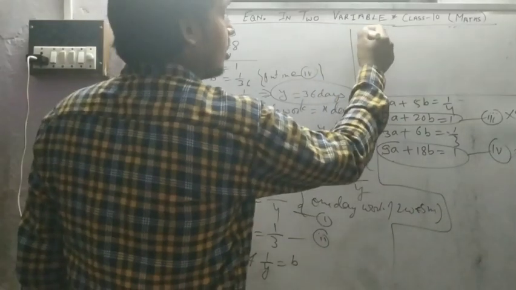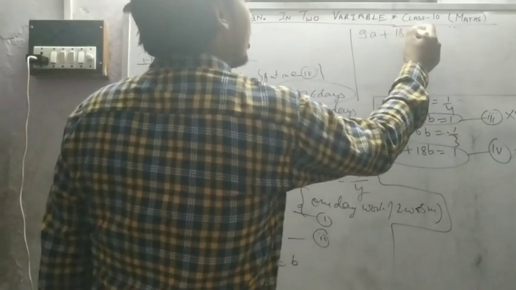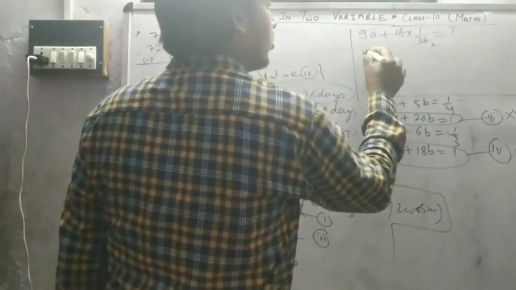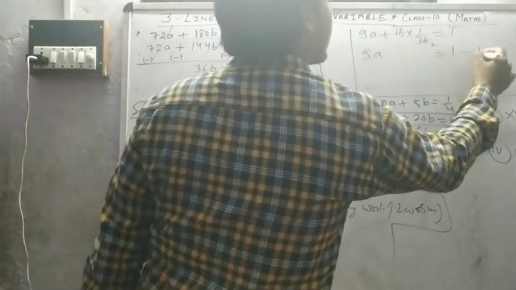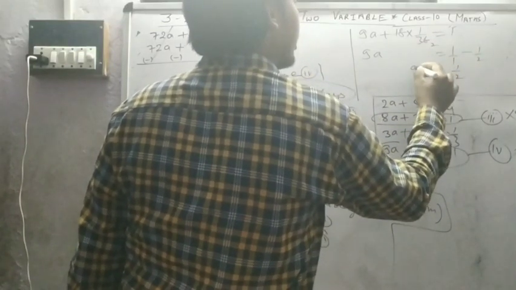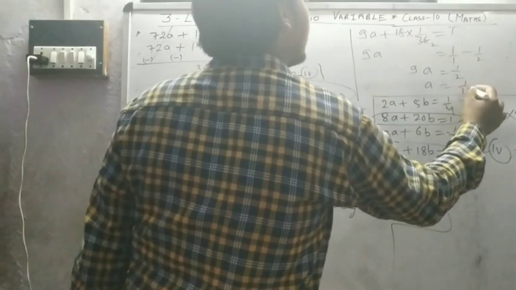So you get 9a plus 18 into 1 upon 36 is equal to 1. 18 over 36 is 1 by 2. 9a is equal to 1 minus 1 by 2. Taking LCM, you get 1 by 2. 9a is 1 by 2, so a is equal to 1 by 18.